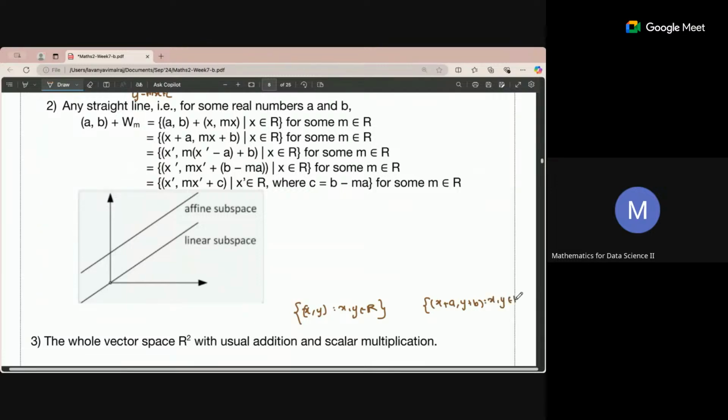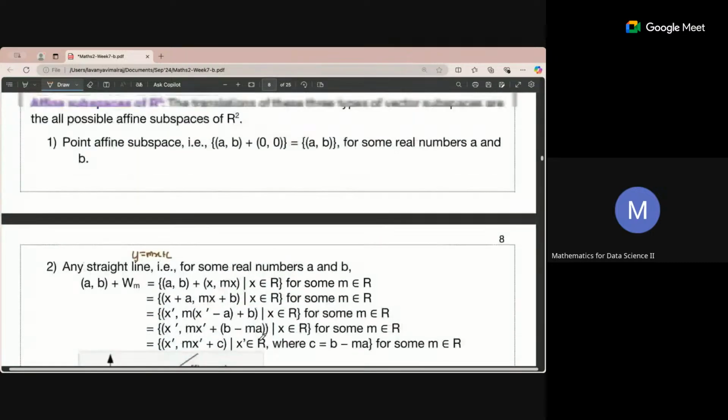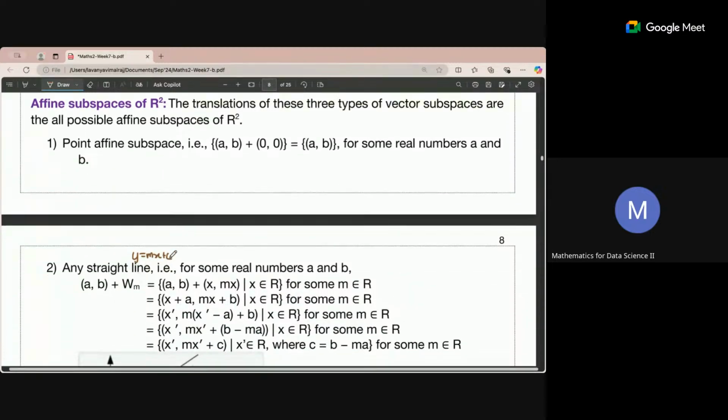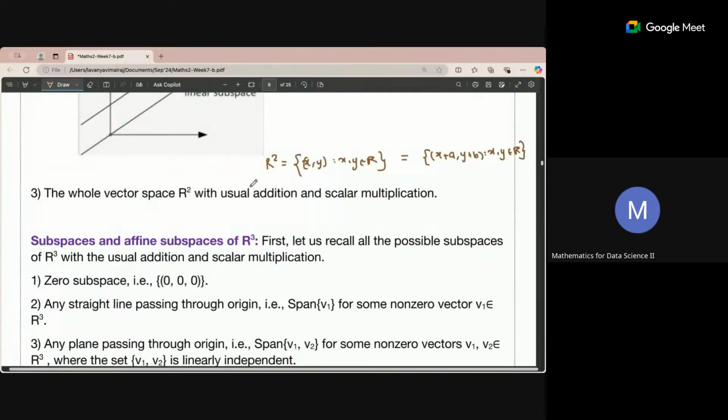What is this set? Still R2. So both are still R2. The translation of R2 will be just R2 only. So what are all the possible affine subspaces? Either it is a point from R2, or any straight line from R2, or the entire space. These are the only possible affine subspaces of R2.